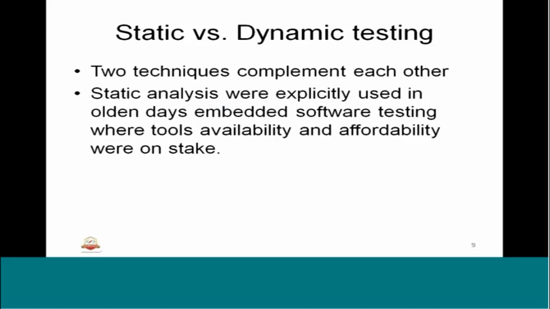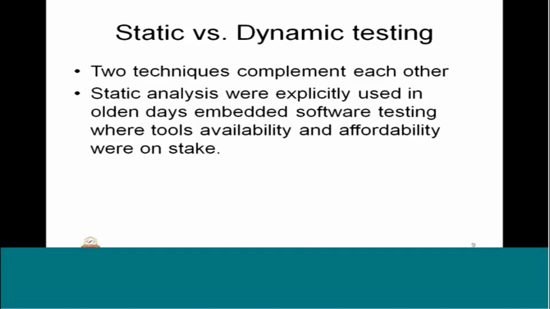Some people prefer static, some people prefer dynamic. So we need to segregate between static and dynamic when we draw the plan or define the strategy. Also we need to define the tools, which is very important. There are tools for static analysis also.